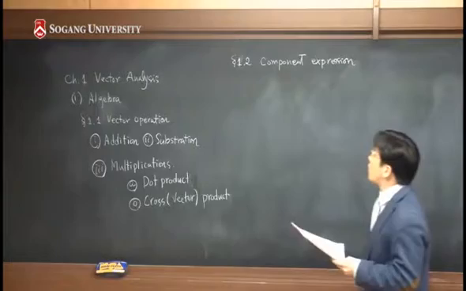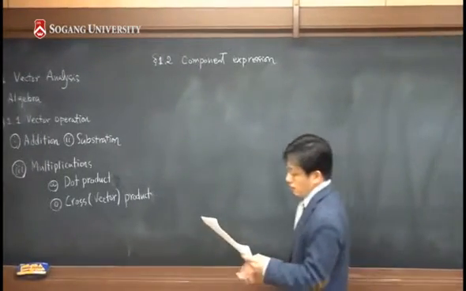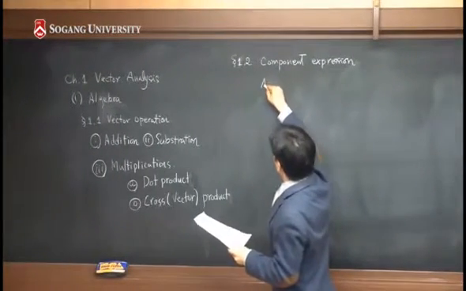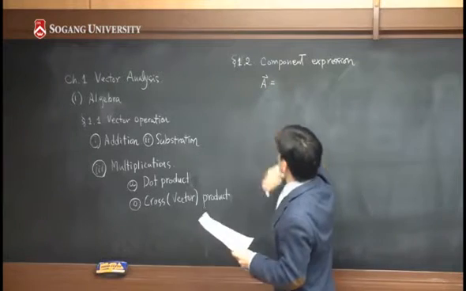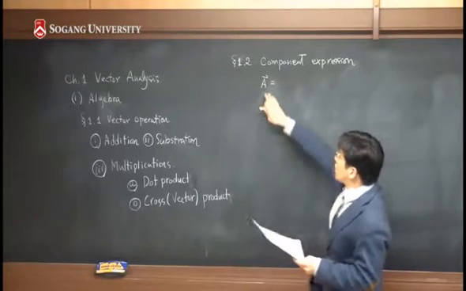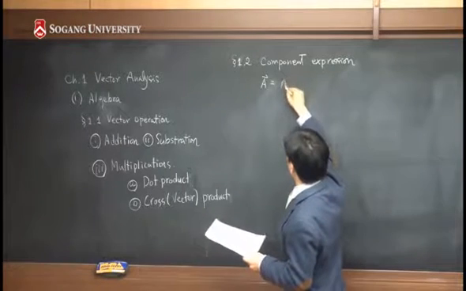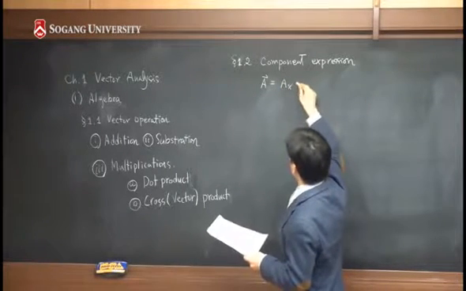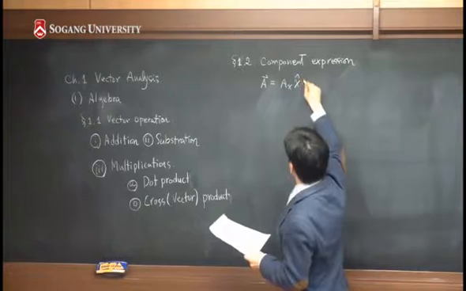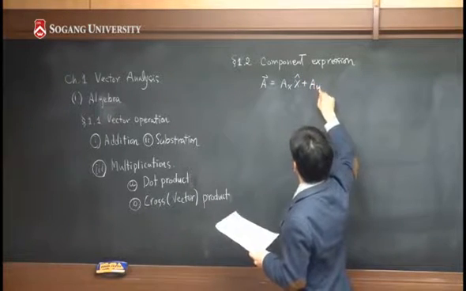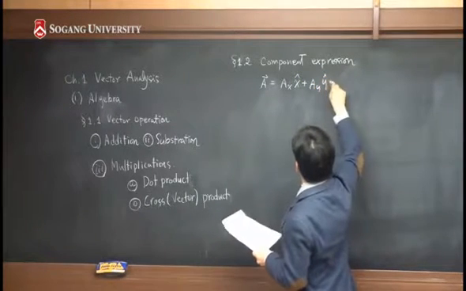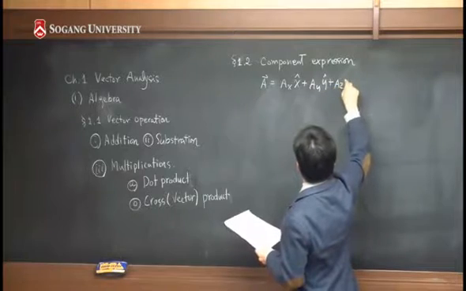The component expression of a vector can be given as follows: a given vector can have three different components, decomposed into x, y and z.